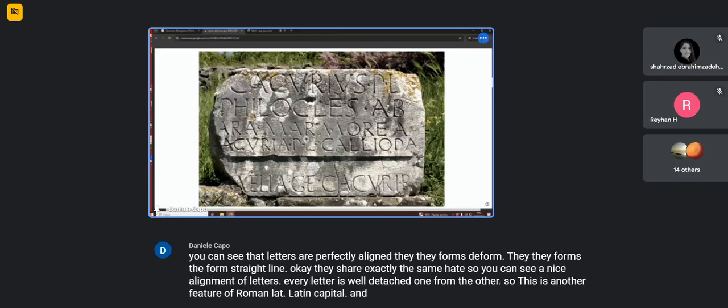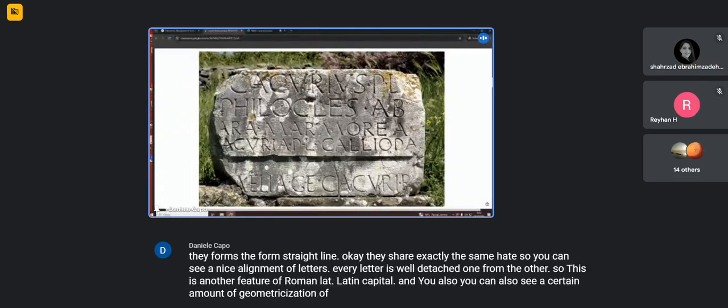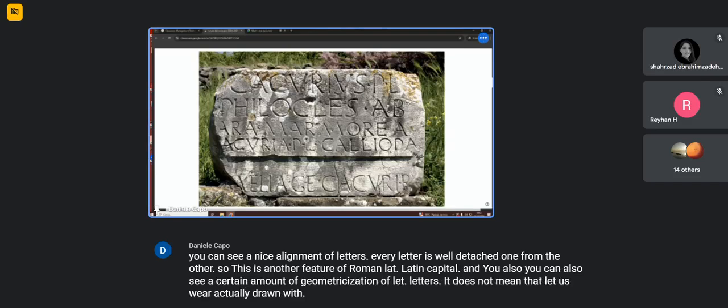And you can also see a certain amount of geometrization of letters. It does not mean that letters were actually drawn with a ruler or any other tools like this.